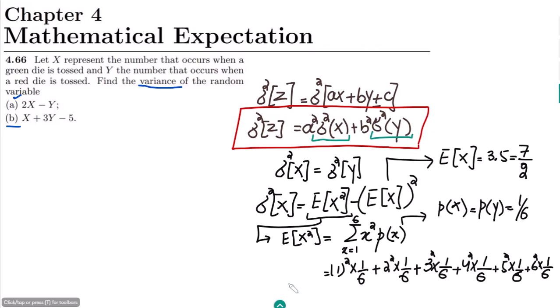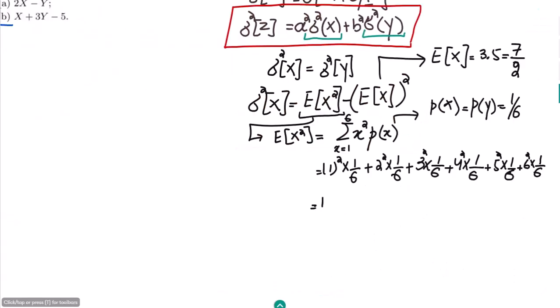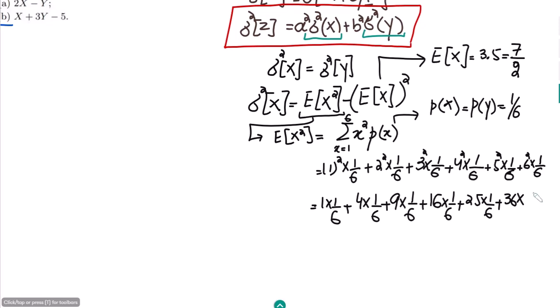Okay, let me move down somehow, or it will become 1 multiplied by 1/6 plus 4 multiplied by 1/6 plus 9 multiplied by 1/6 plus 16 multiplied by 1/6 plus 25 multiplied by 1/6 plus 36 multiplied by 1/6, or taking the LCM here, it will be 6.